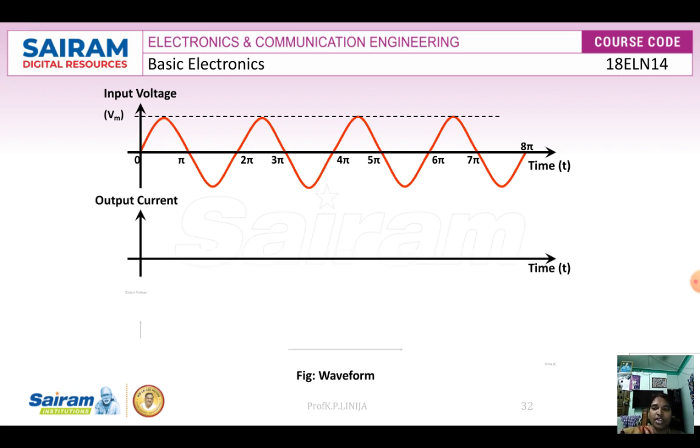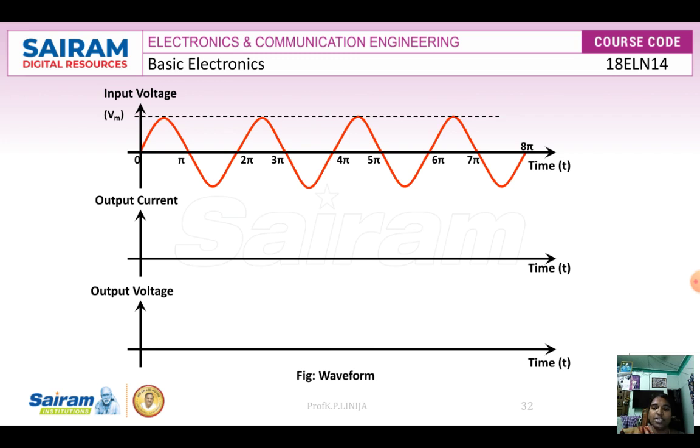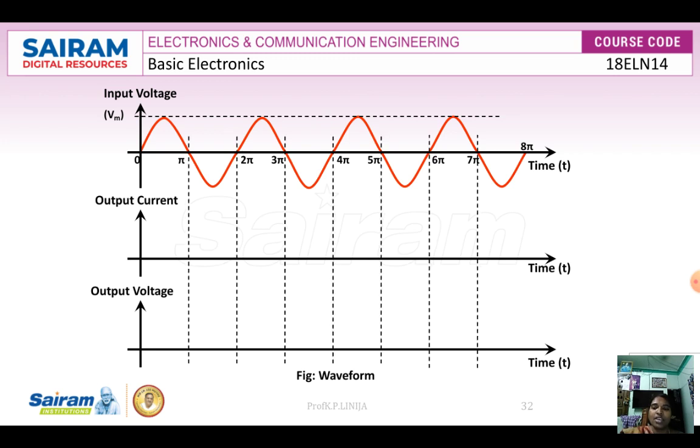Then the output current and output voltage: under the positive half cycle, the diode is on, therefore we get output current as well as output voltage. During the negative half cycle, the diode is off, there is no current flow, and therefore no output current and no output voltage.